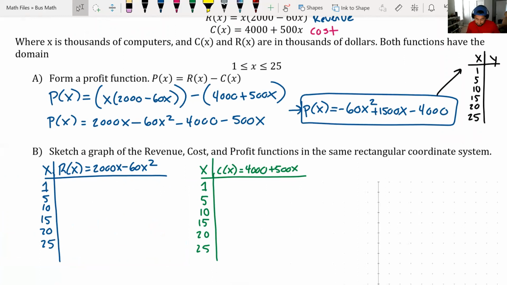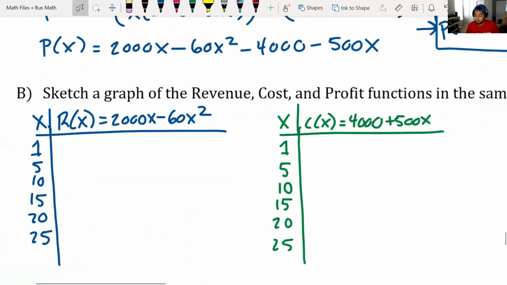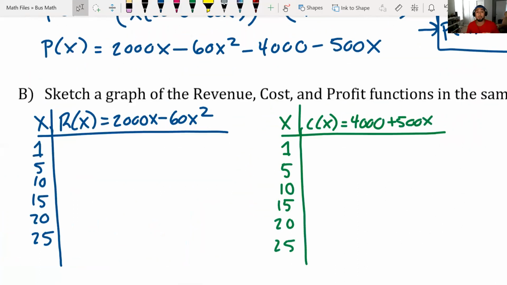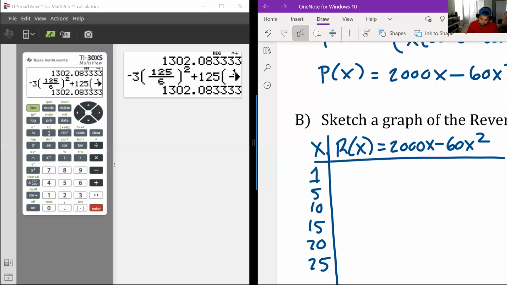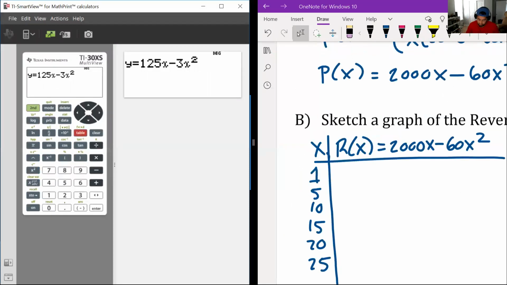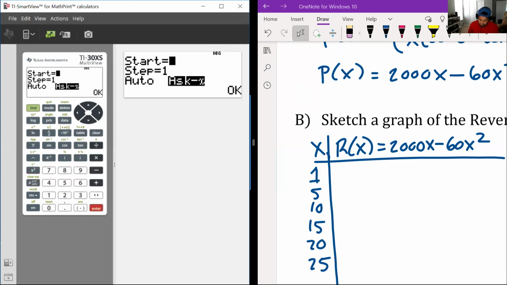Okay, let's get started. Revenue. So, calculator time. Table, clear, type in revenue. 2000x minus 60x squared. Hit enter, enter, enter, enter.